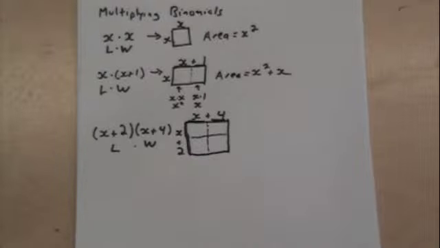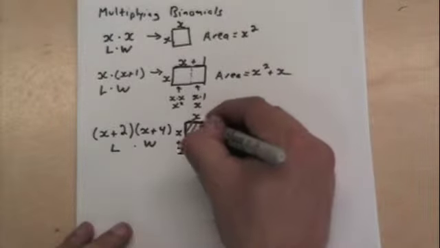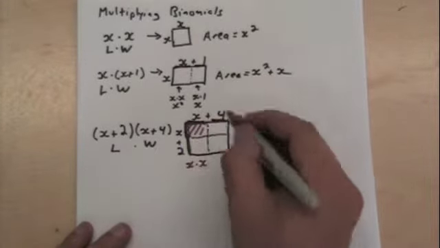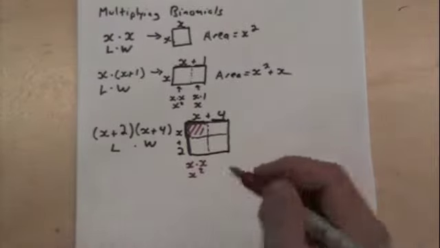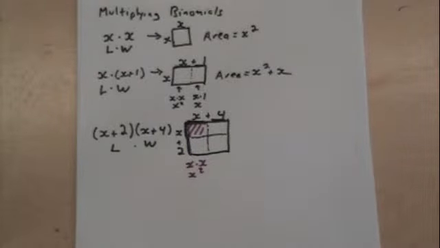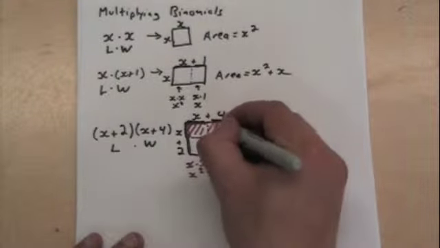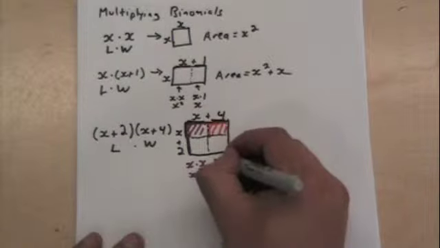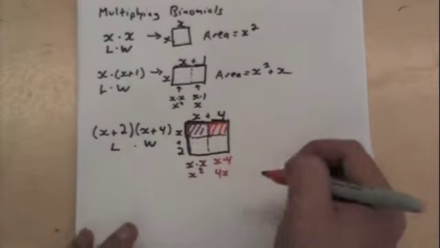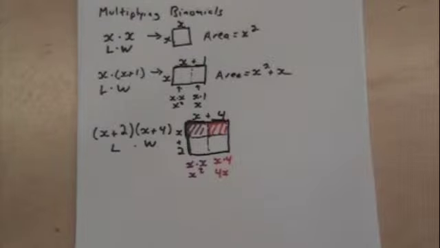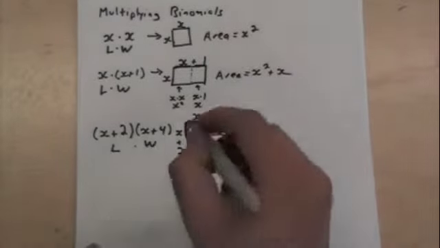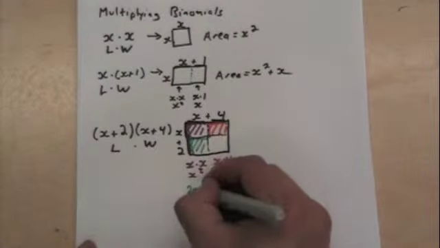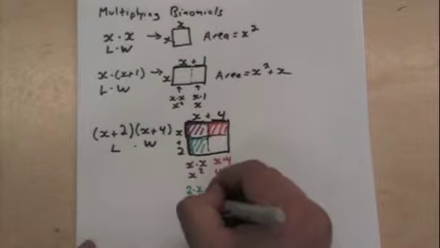So if we had these 4 parts, this part here, the area's length times width, x times x is x squared. The other part here, the length is x, the width is 4, x times 4 is 4x. And this part here, the length is 2, the width is x, so that would be 2x.